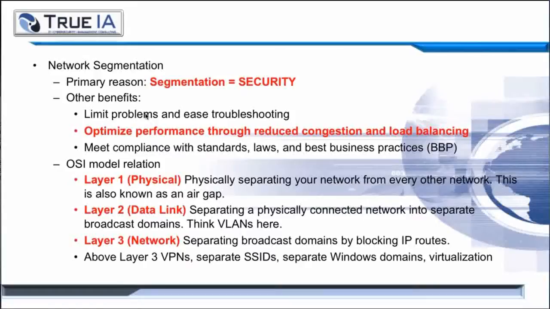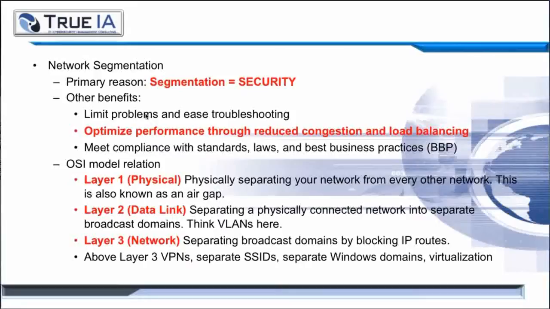So how do SCADA systems fall in relation to the existing OSI model? Well, the physical layer, or layer one, physically separating your network from every other network. This is known as air gapping. Most SCADA systems are going to be air gapped systems. They're not directly interfacing with any other network component within a larger production environment.